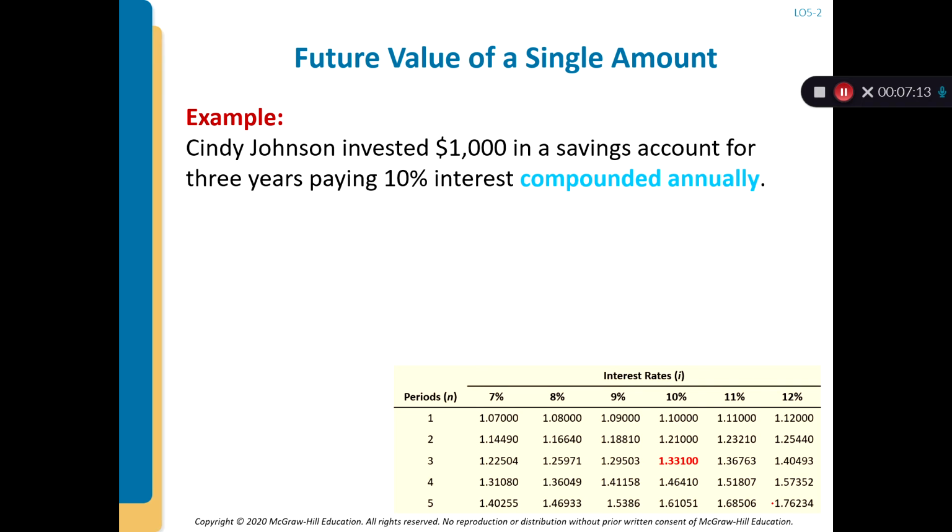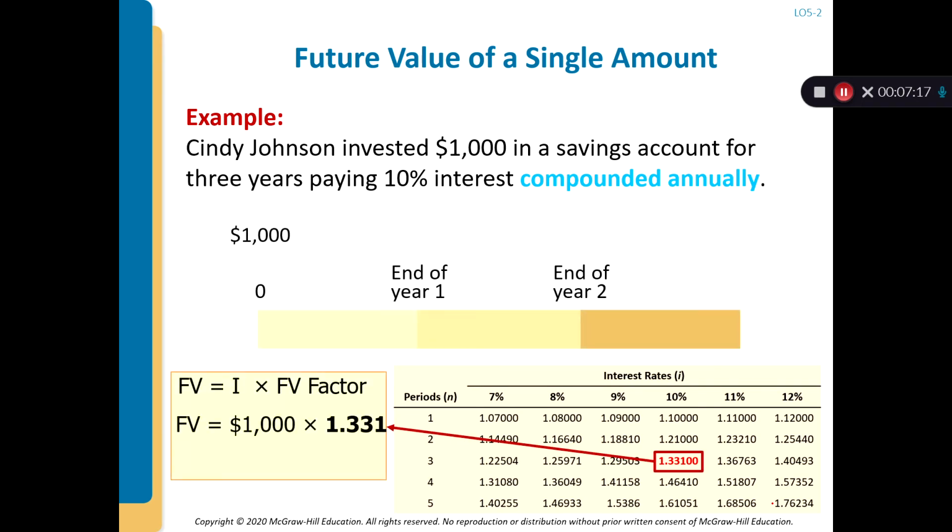Okay, so now in order to conveniently understand the future value of money, we use a future value of a single amount table, right? So for the example of $1,000 growing 3 years later to $1,331, we can simply look at this table and find the period n equals 3, annual rate i equals 10%.